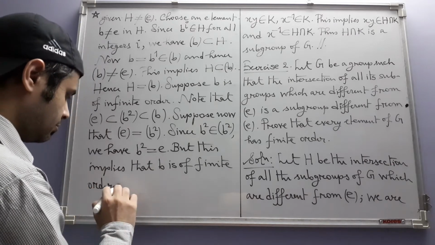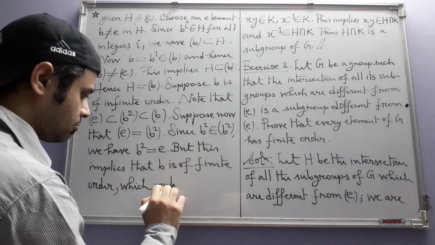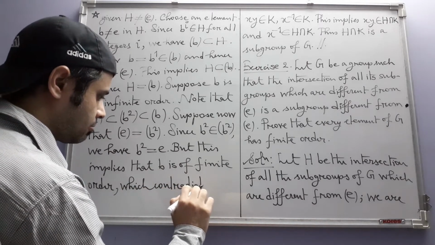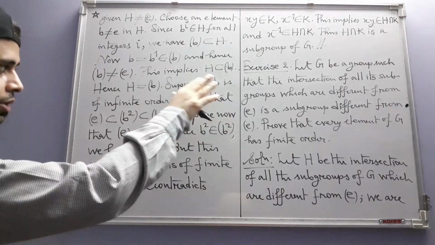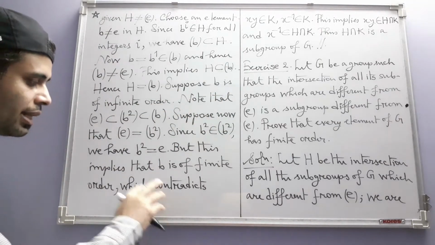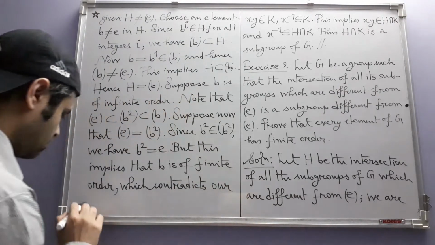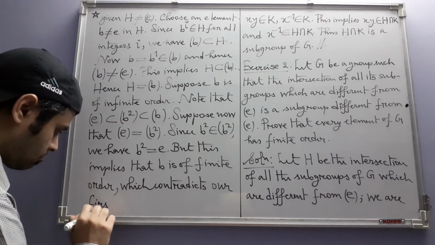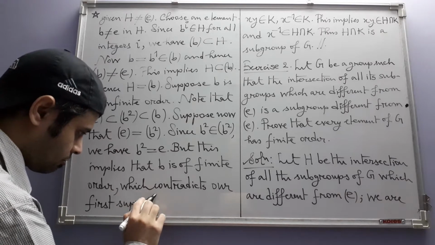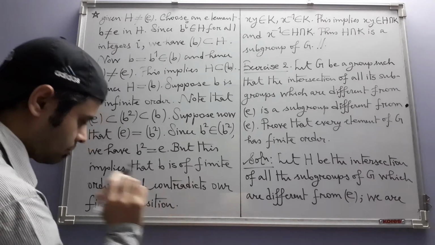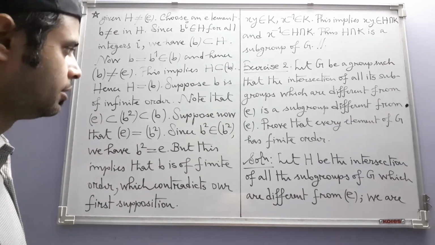and this contradicts our first supposition. Under that first supposition we are doing all these things, no? So that has been contradicted. So our second supposition must be wrong.